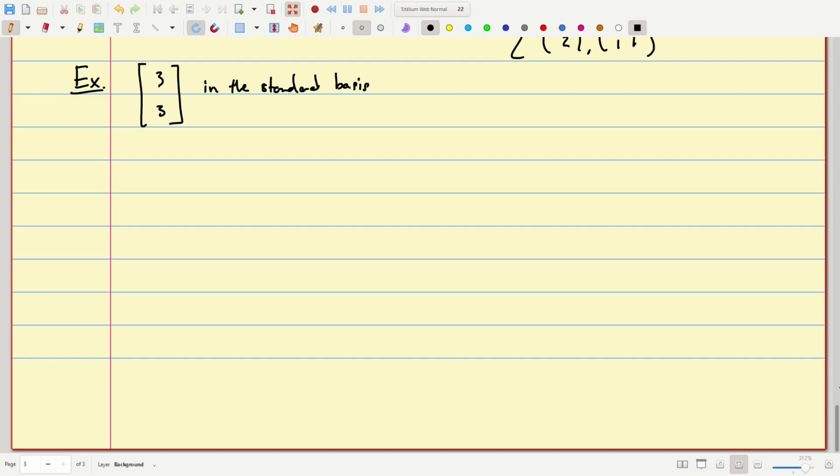Now, that means that coordinates work the way that we're used to thinking about coordinates working. So if I call this vector v, what that means is that v can be written as a linear combination of my standard basis vectors. Okay? This is known as standard coordinates.